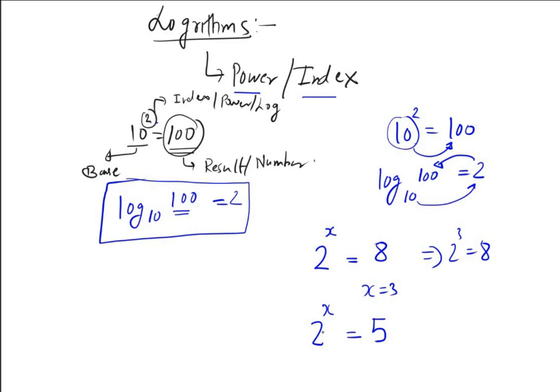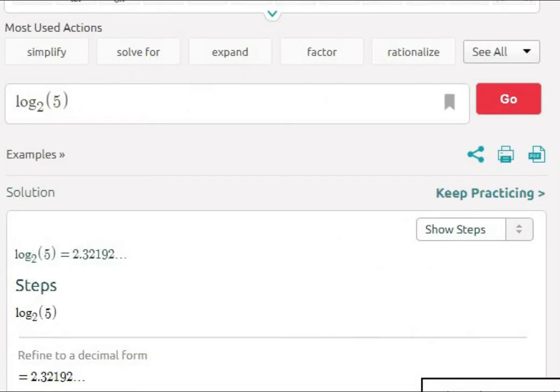So if I write this index notation in power, I can write it as log of 5 to the base of 2 is x. This is how you write it. And if I go to a log calculator, which I'll just pop out, what do we see?